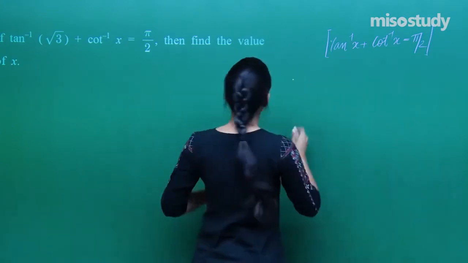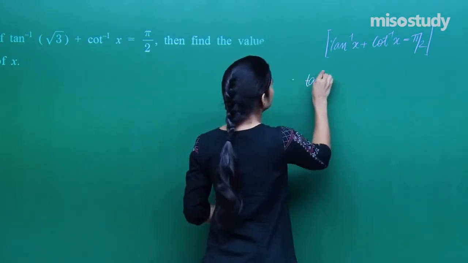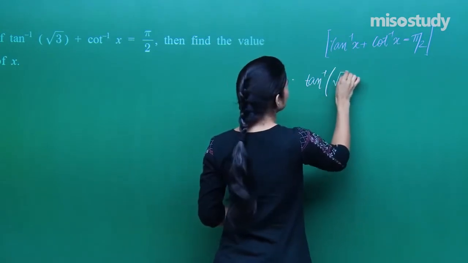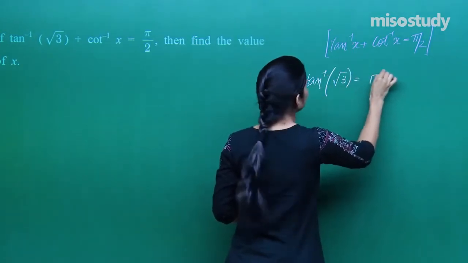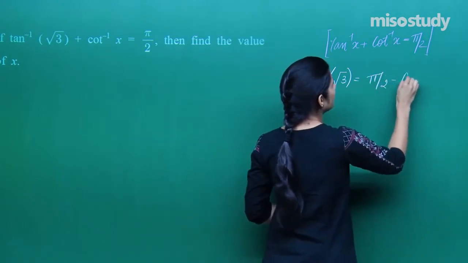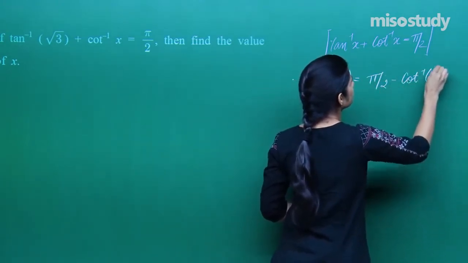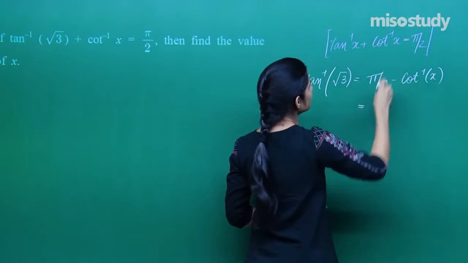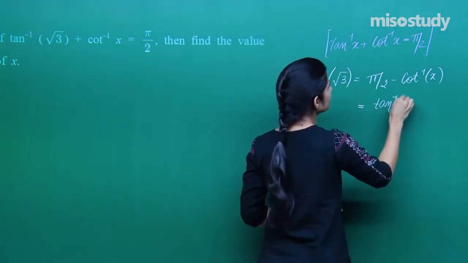So obviously in here I would be writing tan inverse root 3 equals pi by 2 minus cot inverse x.